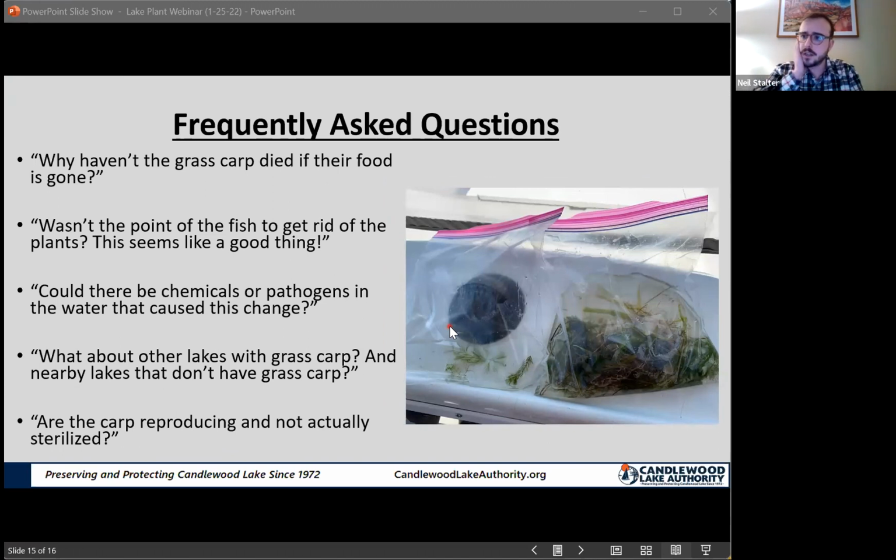And so part of the concern is that without that habitat, the fish fry aren't going to be as successful. And that may be the case. Hopefully the fish are finding alternative habitats in the lake, whether that's stones, whether that's fallen trees and logs on the shorelines, docks, sort of man-made habitat that they can use.